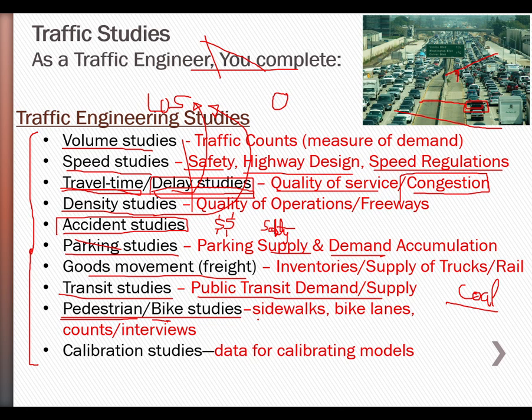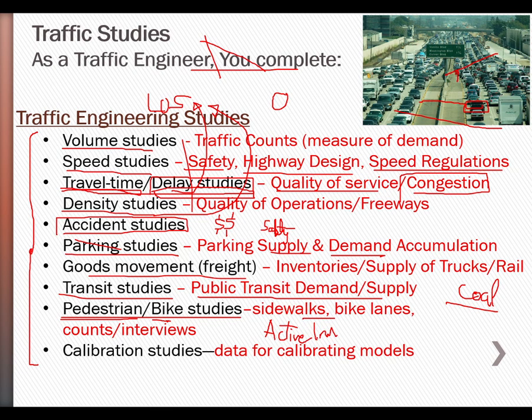And lots of cities around the world are going into active studies to have a master plan for pedestrian movement and another master plan for bike movement. We have bike paths, bike lanes, and also we have sidewalks and different facilities for pedestrians. They call this active transportation.